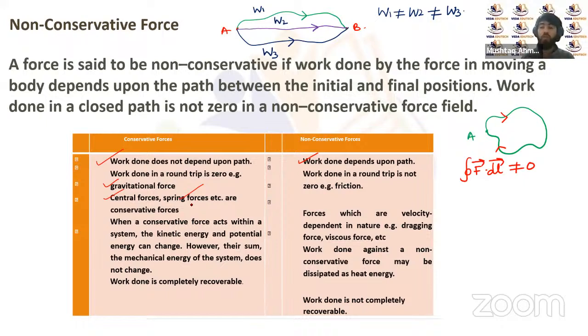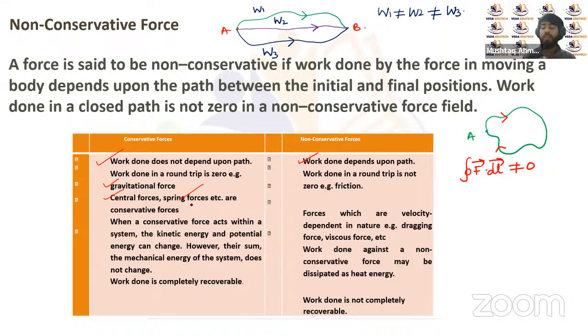If the total sum of the kinetic energy and the potential energy in case of a conservative force is conserved, it means that work done is completely recoverable. Kinetic energy can get converted into potential energy, and potential energy can once again get converted back into kinetic energy. So the concept of potential energy exists only in case of conservative forces, and it is not there for non-conservative forces.